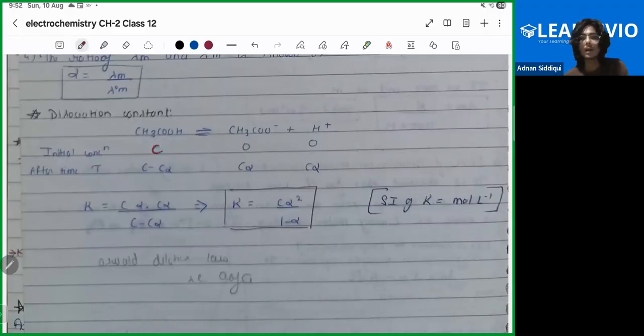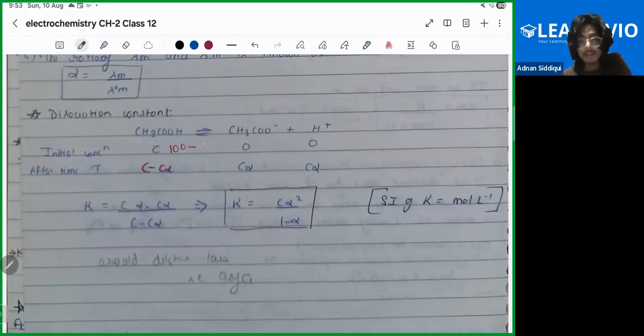Suppose you took some material and you did not start the reaction, then 100% will remain acetic acid, right? When the reaction has not started, it is C on the reactant side and 0, 0 on the right side. But you let the reaction run for some time, after time t, what you will observe is that your acetic acid is going to dissociate by some C alpha. Initially, if it was 100, some amount is getting dissociated from here, and we are considering it C alpha.